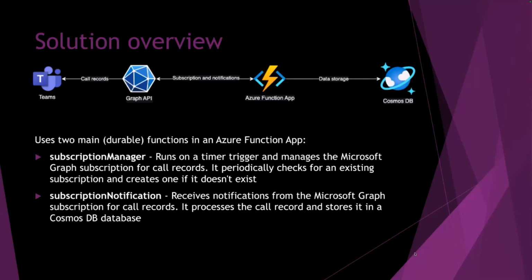And so any notifications, any setting up of subscriptions, all that is done between Graph and Azure Function app. And then just because I can store the data in JSON, I'm putting it in Cosmos DB. I could put it in something else if I wanted to, but just for simplicity, I'm putting it there, as obviously the payload from Graph will be in the format that I can just dump it into Cosmos DB.